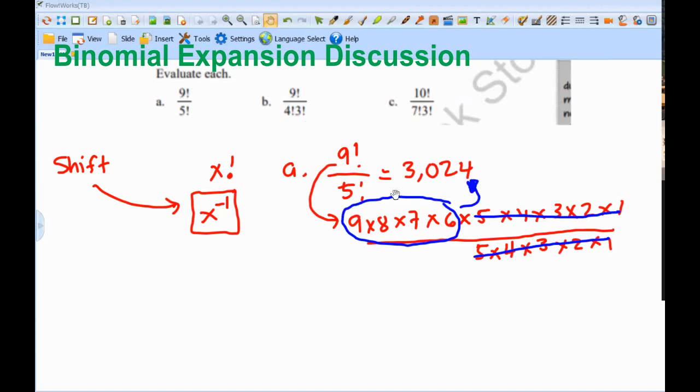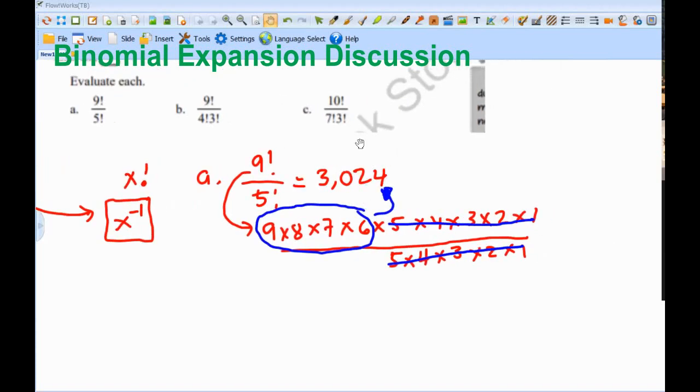Now, what about letter B? What's the answer? Enter it in your calculator. Some of you will get math error. Who got math error? 2,520 po. Yes, the correct answer is 2,520.